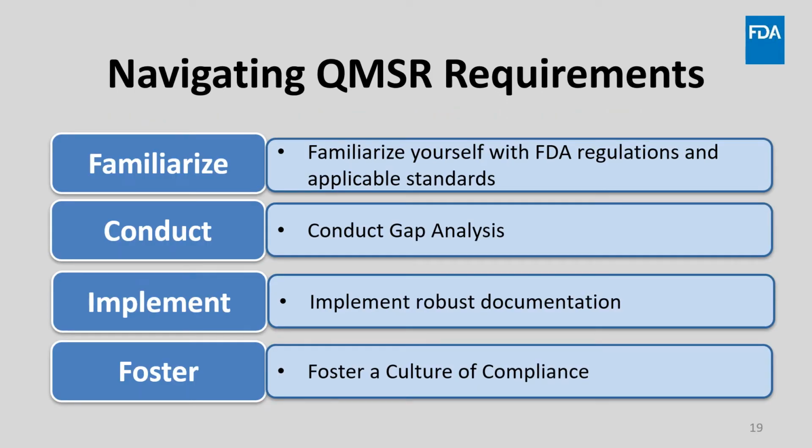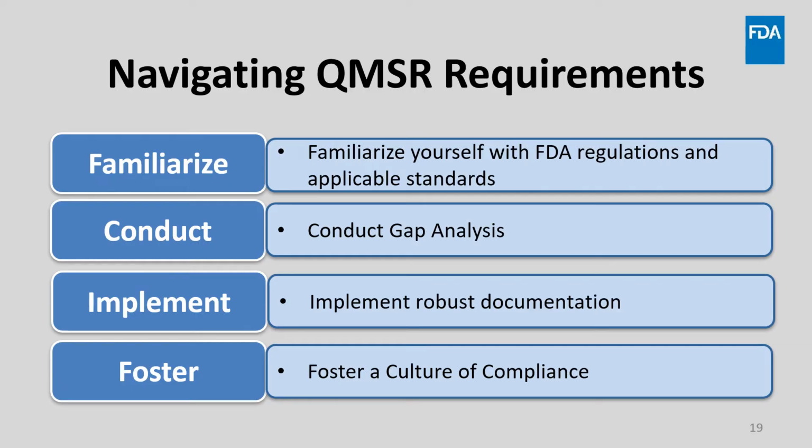Successfully navigating the QMSR requirements is essential for maintaining regulatory compliance and ensuring product quality and involves several key steps. Familiarize yourself with FDA regulations and applicable standards to ensure a comprehensive understanding of compliance expectations.